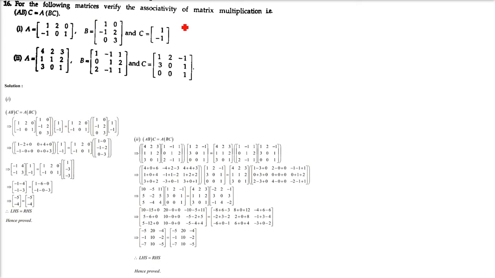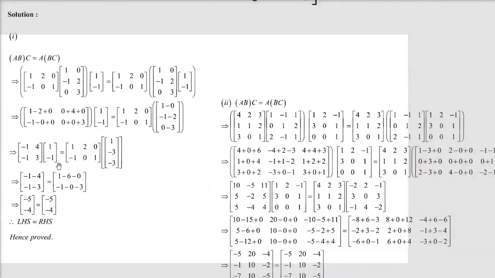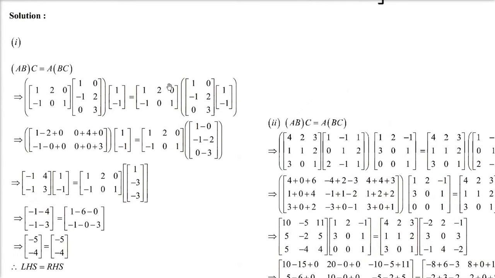For the following matrices, verify the associativity of matrix multiplication. As we already suggested, the matrix multiplication is associative. That is, when you multiply AB first or BC first in the multiplication of ABC, the result remains unchanged. It will be the same, right?